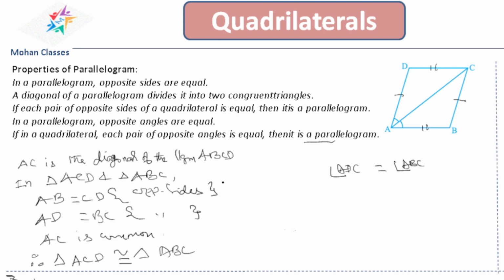If it is a parallelogram, the opposite angles are equal. This we can prove as per CPCT. Understand? So these are all the properties, but this proof is not that important, but you should know how to prove the properties of the parallelogram. Okay, let us move to the next.